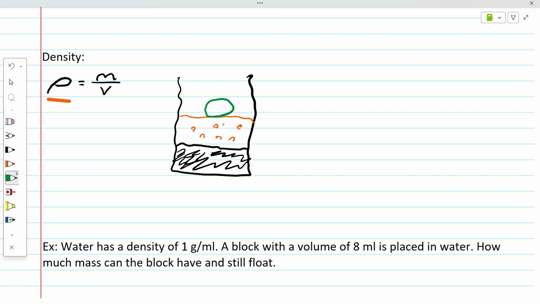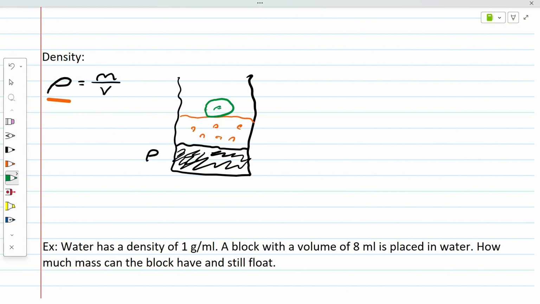These are separated by their densities. So this bottom one has the highest density because it is at the bottom, so it has the most mass per unit of volume. And the least mass per unit of volume is the ping pong ball at the top.